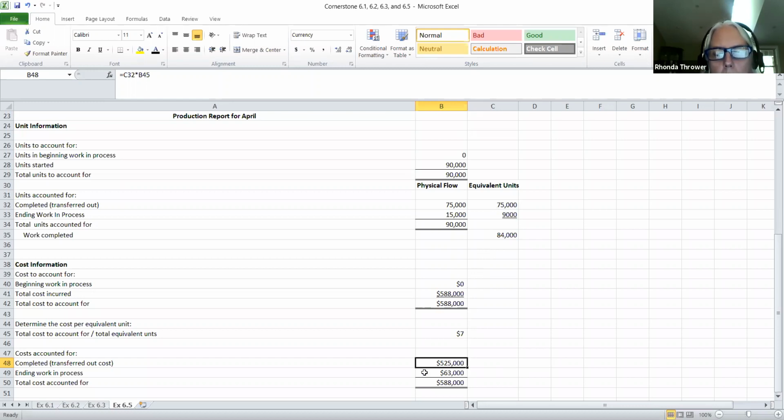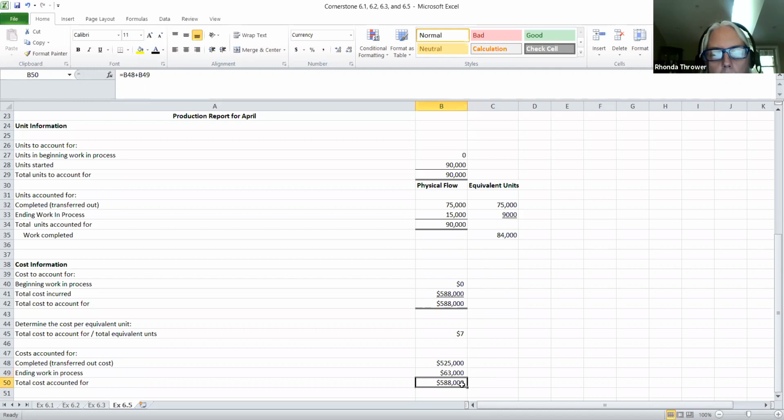My ending work in process cost that I have accumulated so far is based on the ending inventory equivalent units. I'm going to take 9,000 and multiply it by $7, and that will give me $63,000.